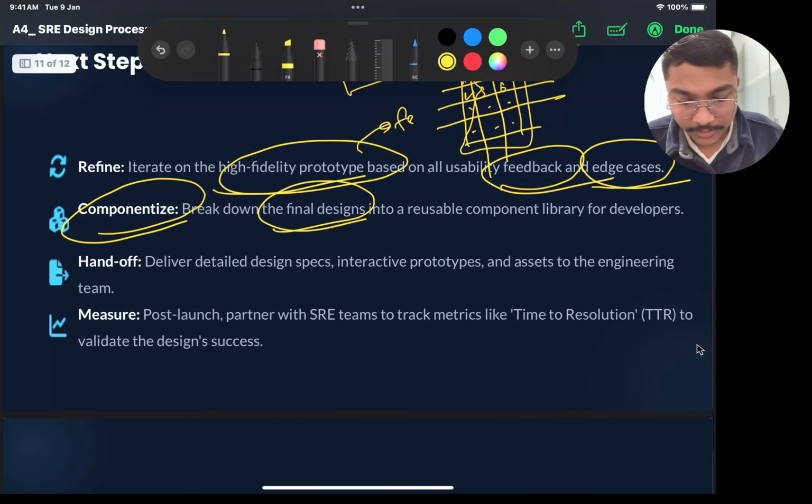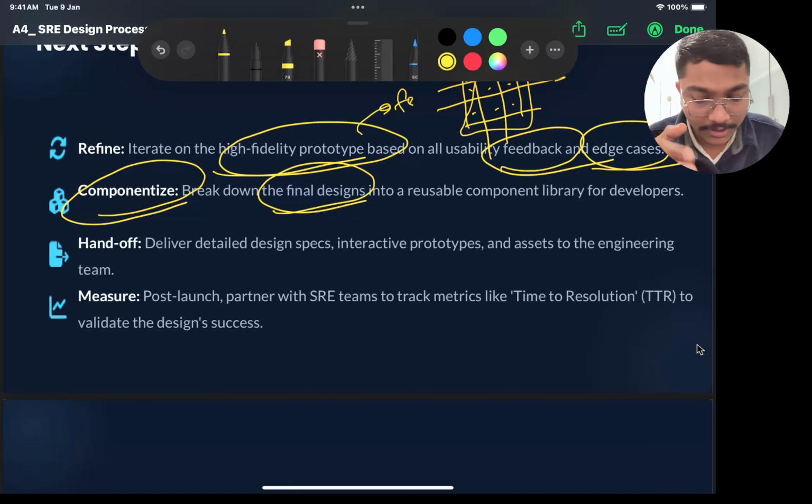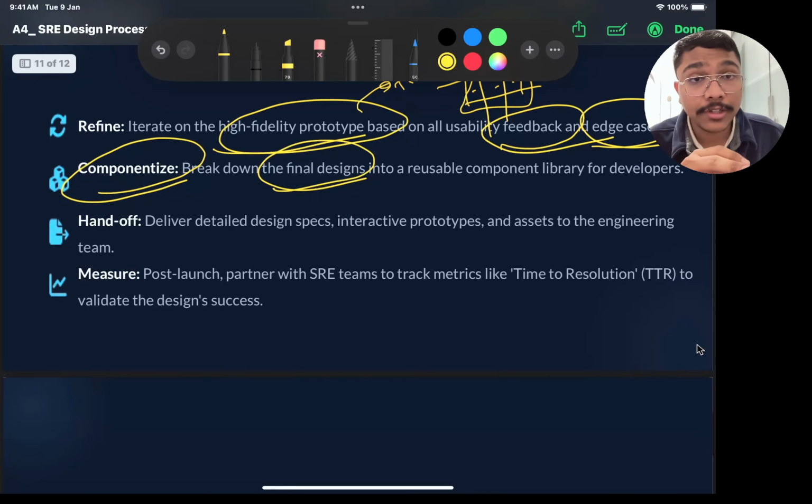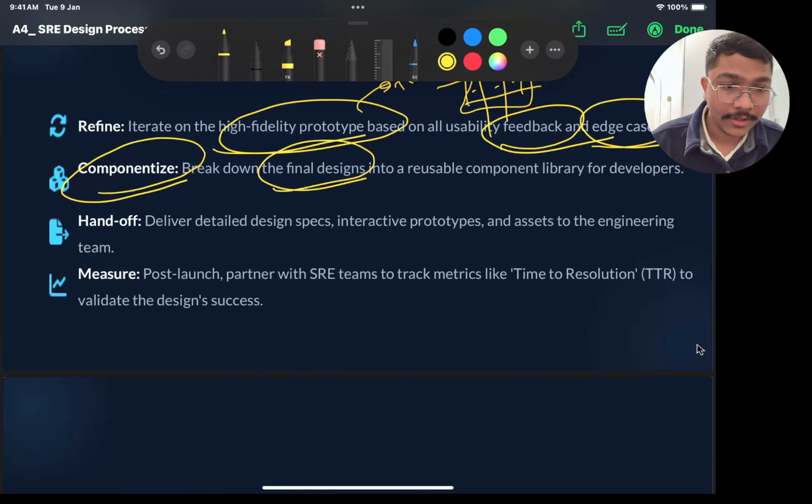Handoff, like a detailed design spec sheet, the prototypes, the MVPs, everything, measures. You have the design ready, you launch it, you create the MVP. Now how will you identify whether it is good or bad? Basically you will go through and see what is missing.